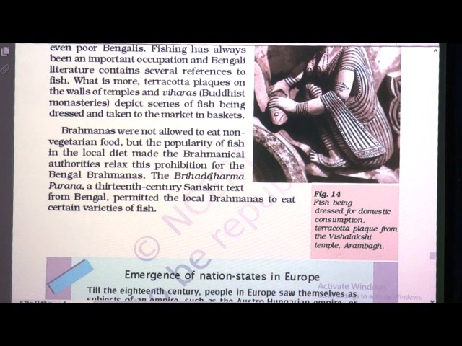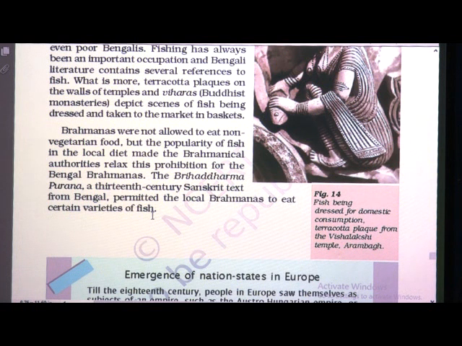Brahmanas were not allowed to eat non-vegetarian food, but the popularity of fish in the local diet made the Brahmanical authorities relax this prohibition for the Bengal Brahmanas. The Brihad Dharma Purana, a 13th century Sanskrit text from Bengal, permitted the local Brahmanas to eat certain varieties of fish. As Brahmanas, they don't eat non-vegetarian food.